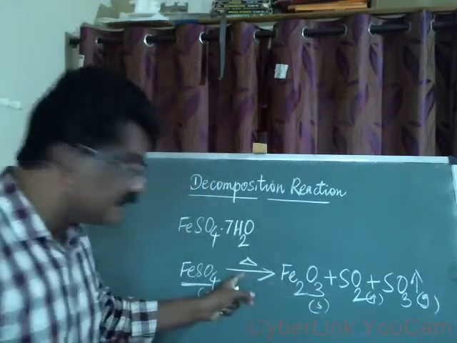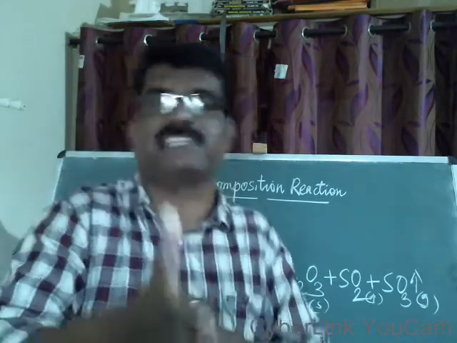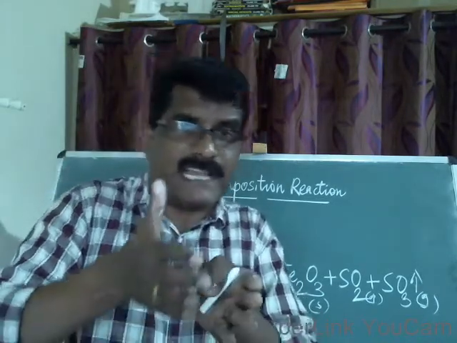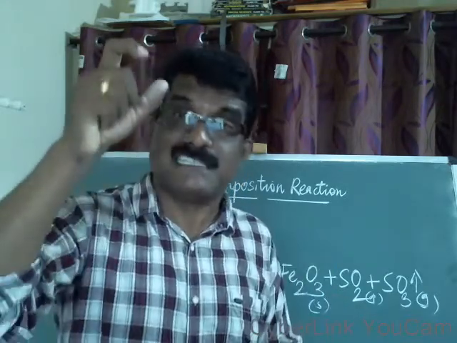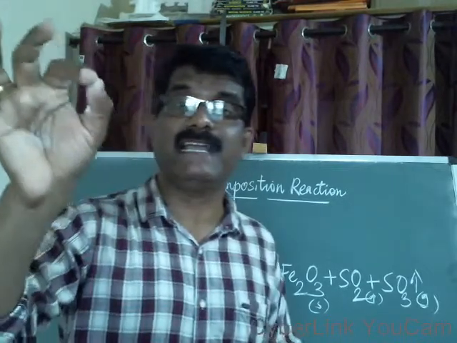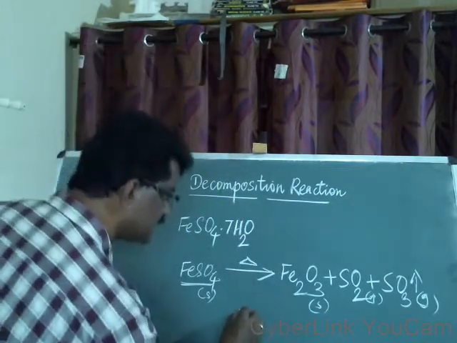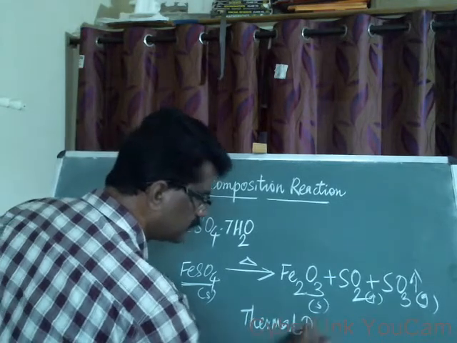See here, the decomposition takes place by the application of heat. When a decomposition takes place with the application of heat, we call such decomposition thermal decomposition. So this is an example for thermal decomposition.